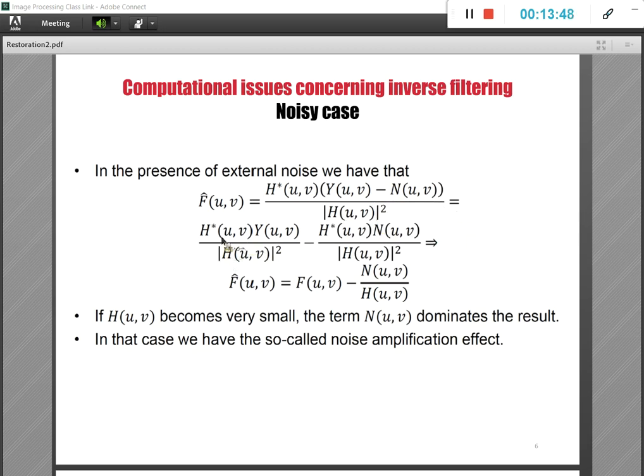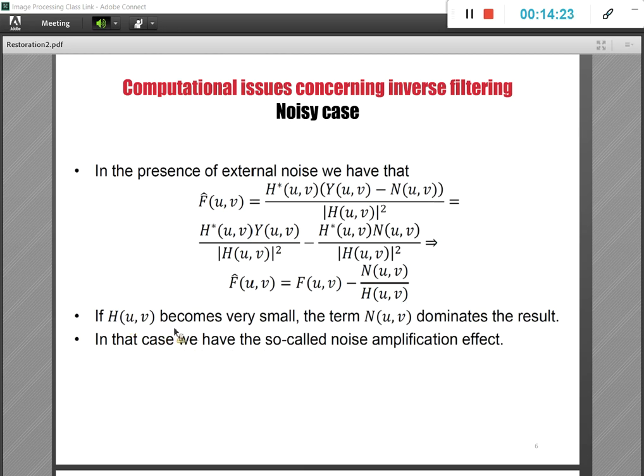That means, dividing these two parts, it is equal to H hat Y over this minus H hat N over this. This is F itself, the input, H hat Y over H squared, which is the input version of the image, minus N H hat over H squared, which is N over H.